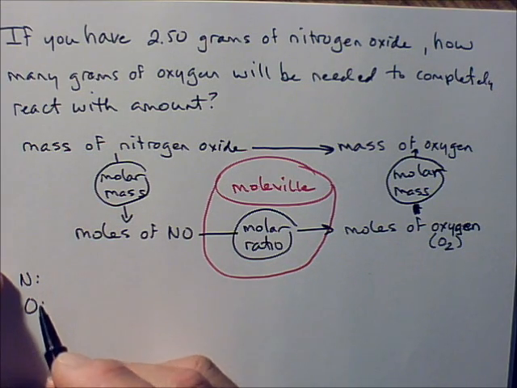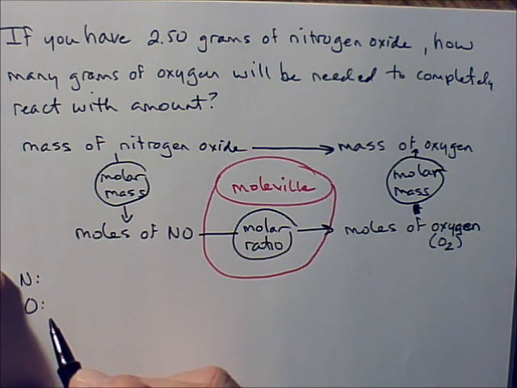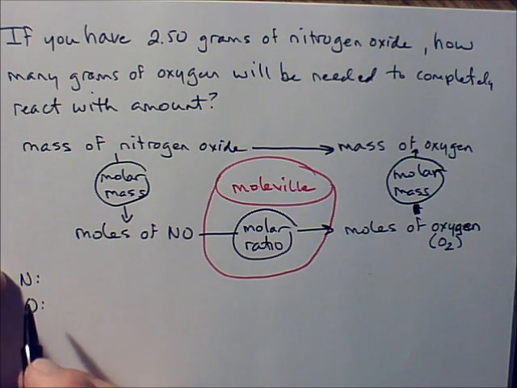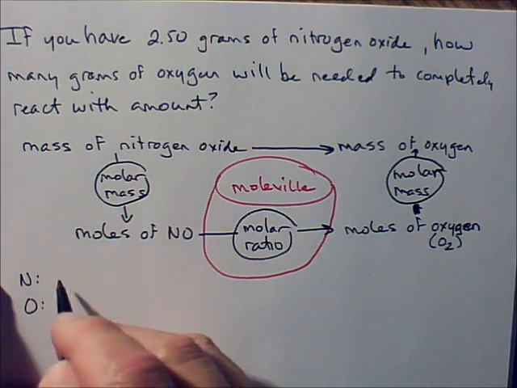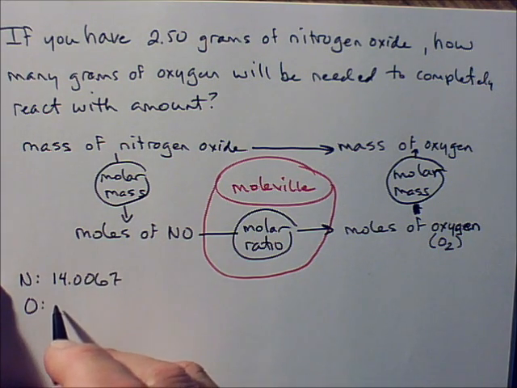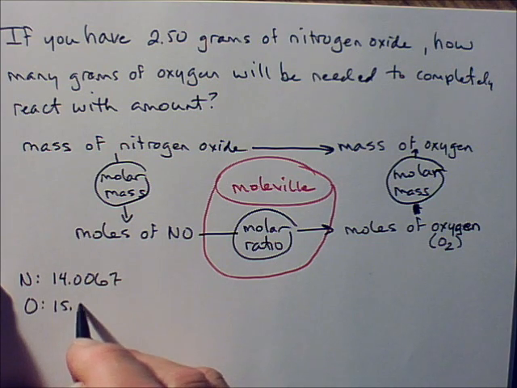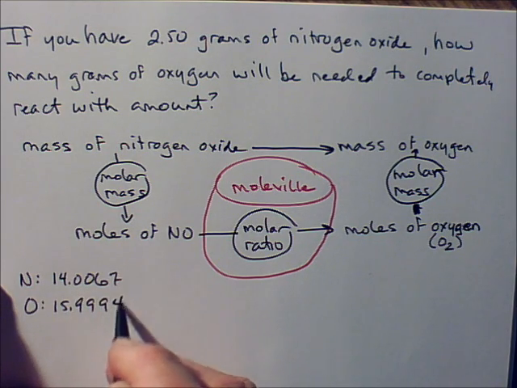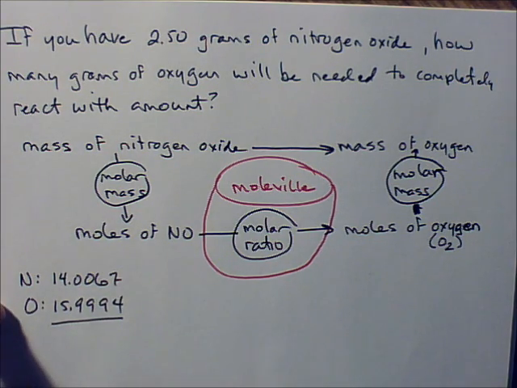If you get out your test references, Brandon, and practice with them, you will be able to find the atomic mass of nitrogen to be 14.0067, and oxygen is 15.9994, and we're just going to add those up. That's all we have is nitrogen and oxygen.